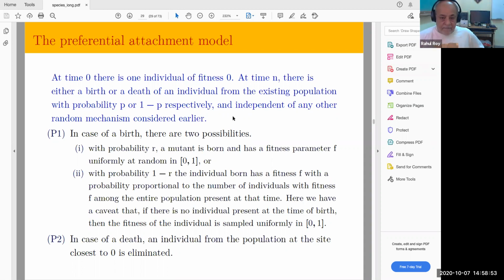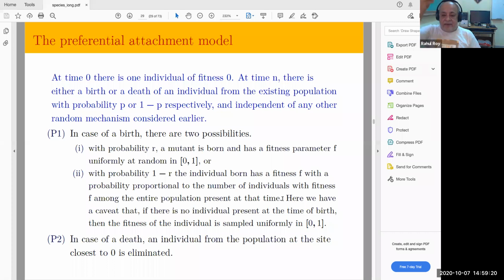Again, in case of a birth, with probability r, a mutant is born and has a fitness parameter f, which is uniformly distributed in [0,1]. Or with probability 1 minus r, the individual born has fitness f with probability proportional to the number of individuals with fitness f among the entire population present at that time.